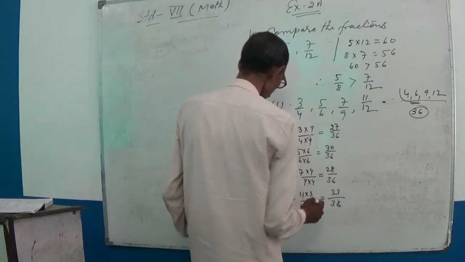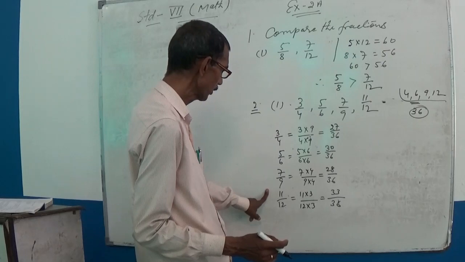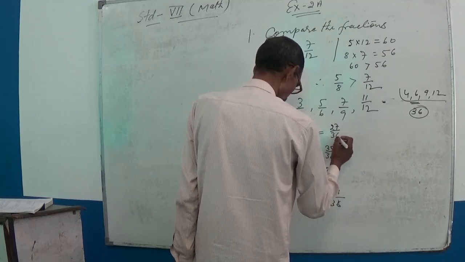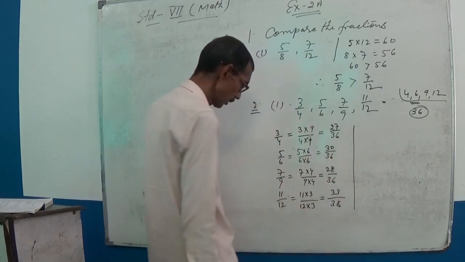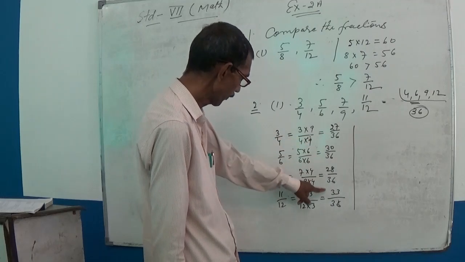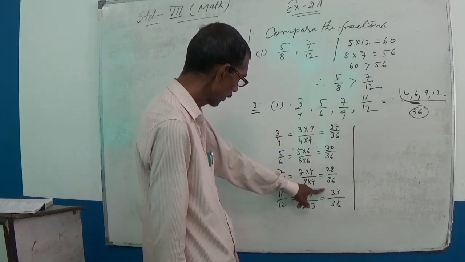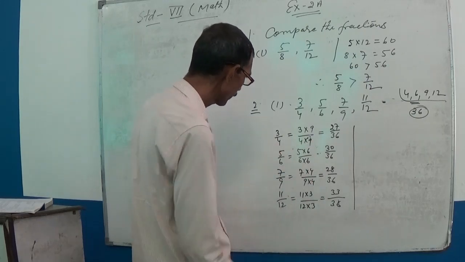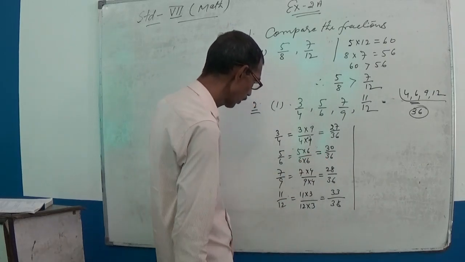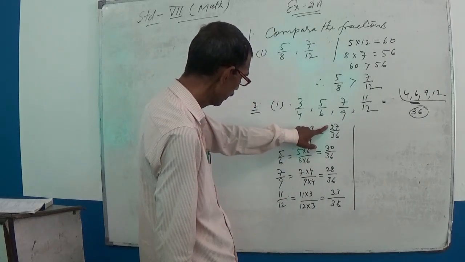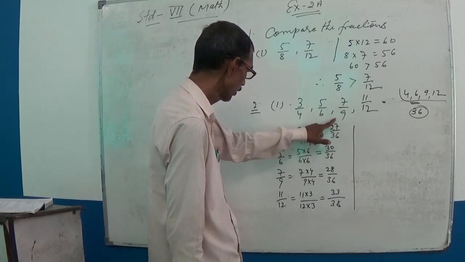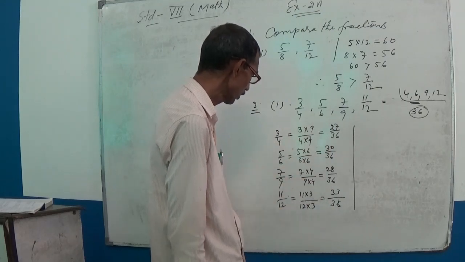These change the value representation of the given fractions. So here clearly the denominators of the fractions are now the same. Now I can easily distinguish which fraction is greater and which is smaller. Here the smallest numerator is 27, so this fraction is the smallest of all the fractions.